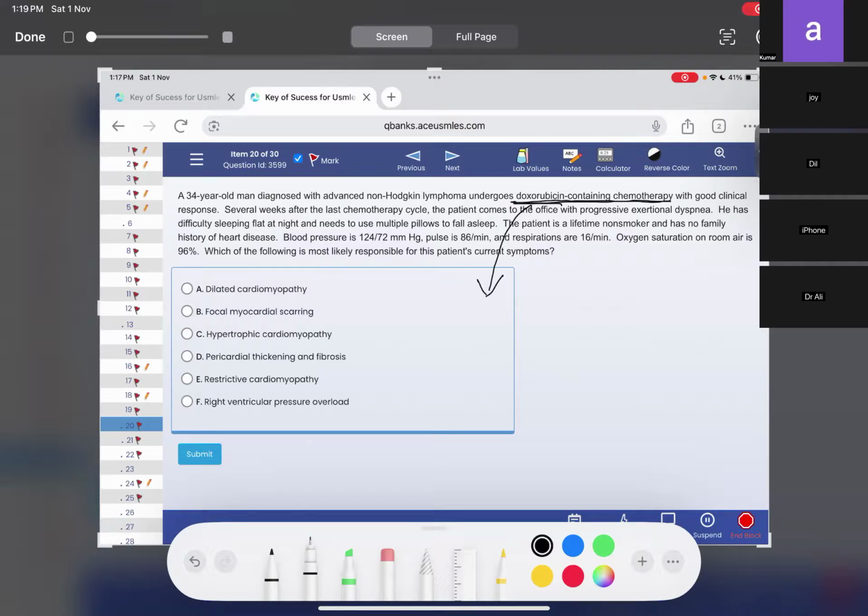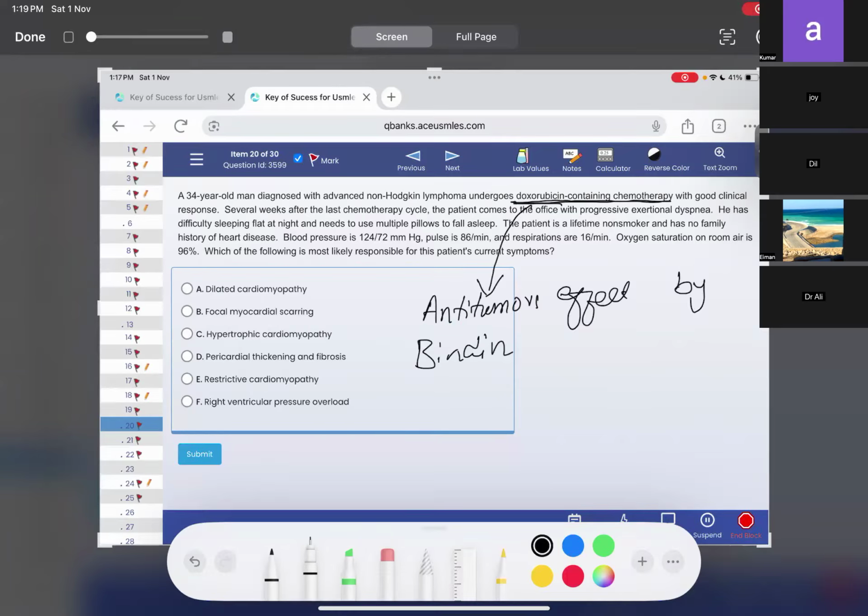Dilated cardiomyopathy, because doxorubicin has its anti-tumor effect by binding to the topoisomerase 2 enzyme in the cancer cell that is responsible for DNA cleavage.